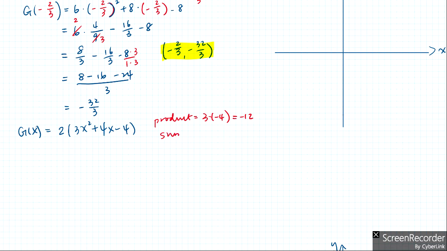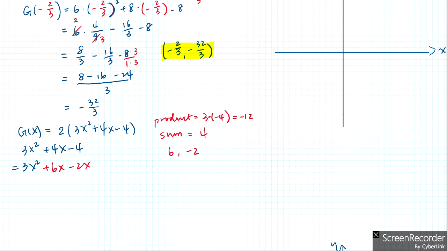And I need a sum that's going to be the linear coefficient, which is +4. And if you test out all the pairs for -12, you will find the two numbers that would work are positive 6 and negative 2. They add up to positive 4. And to do that, we can rewrite 3x squared plus 4x minus 4 as 3x squared plus 6x minus 2x.